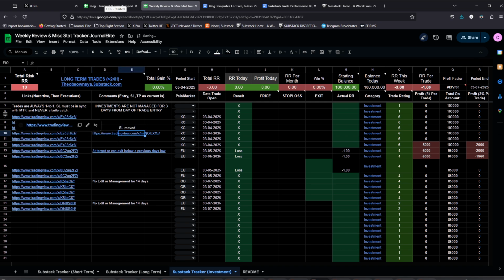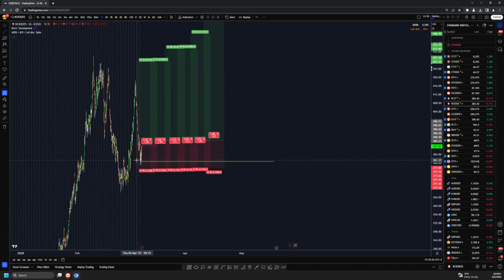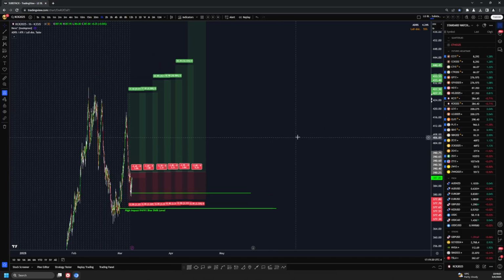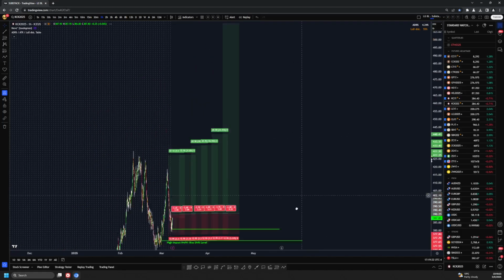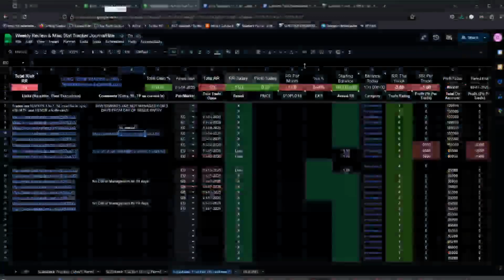Okay. And basically for as long as we stay above this level right here, it's an algorithmic H4, H1 level, I think that we are following my trade protocol here. So that's that. And I'll post a quick chart on that.